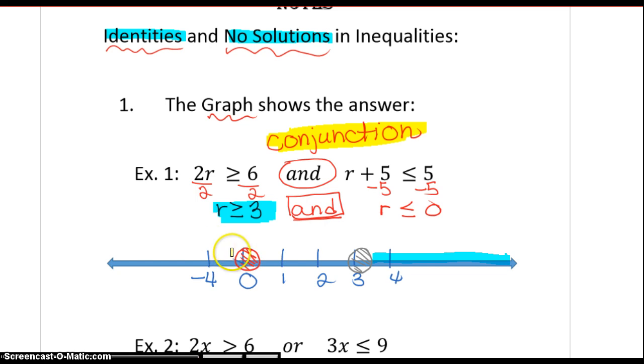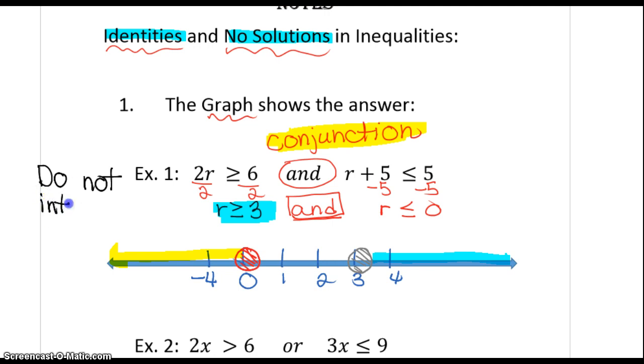Now we go left. Now if this had said or, then we would have a solution. But because the graphs do not intersect, this would be a no solution. So they do not intersect. So because it says and, it would be a no solution.